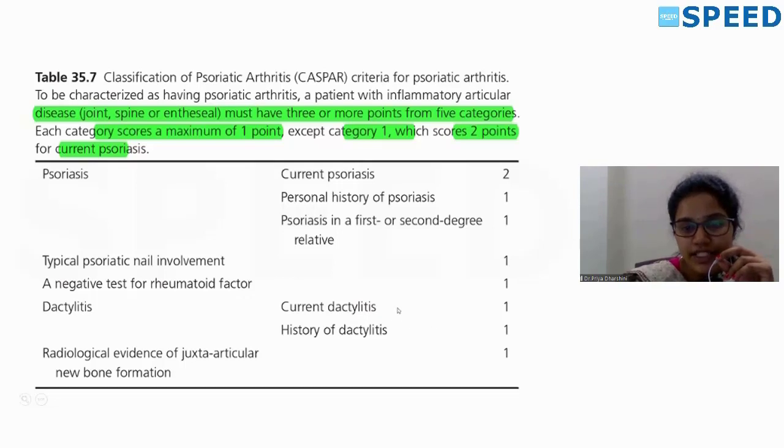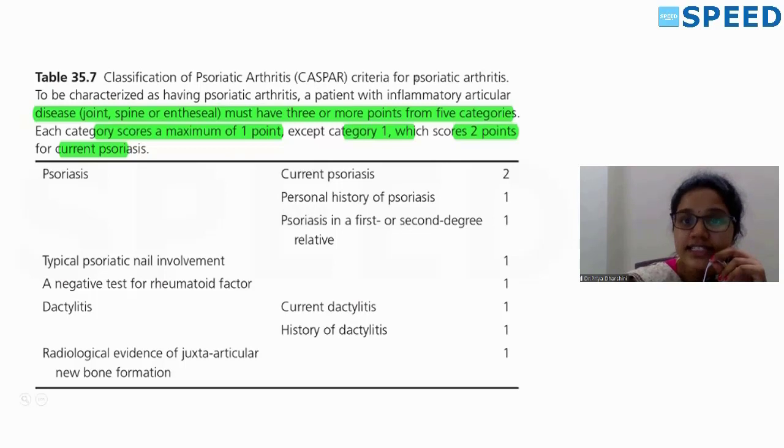For dactylitis, if the patient has a current or past history of dactylitis, you give 1 point. And if you see any radiological finding, juxta-articular new bone formation, we give 1 point. So if 3 or more points are fulfilled, the patient is said to have psoriatic arthritis and should be started on treatment. So this is the criteria used to diagnose psoriatic arthritis.